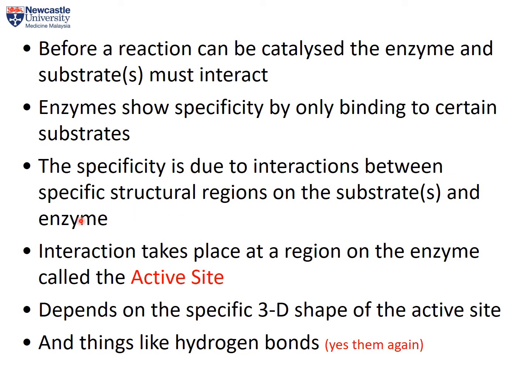And the specific structure on the enzyme is known as active site. In other words, we can say that both enzyme and substrates are showing complementary structures. And the specificity of the enzyme is dependent on the specific shape of the active site and some other factors like chemical forces such as hydrogen bonds and so on.